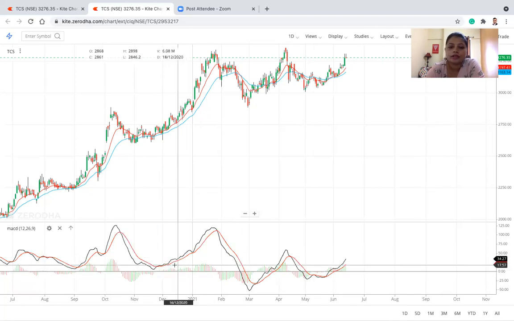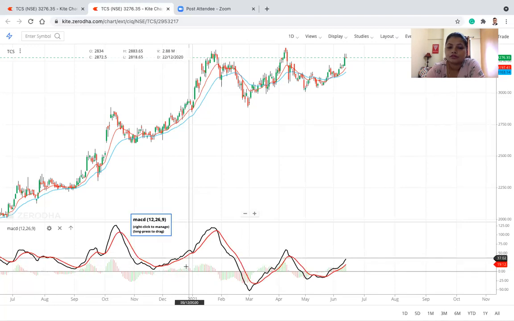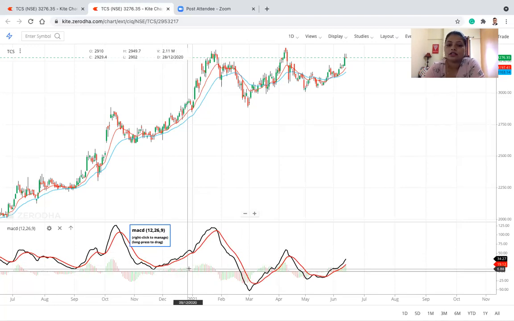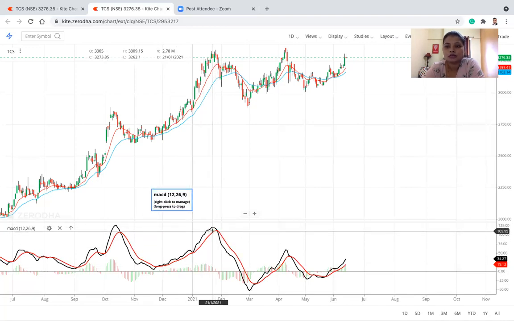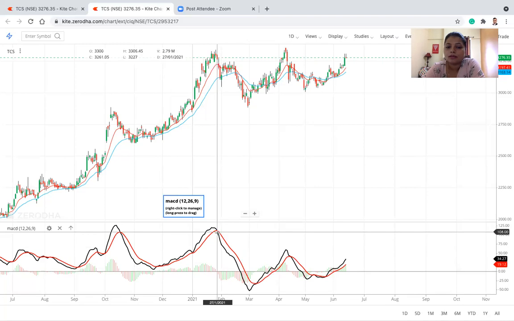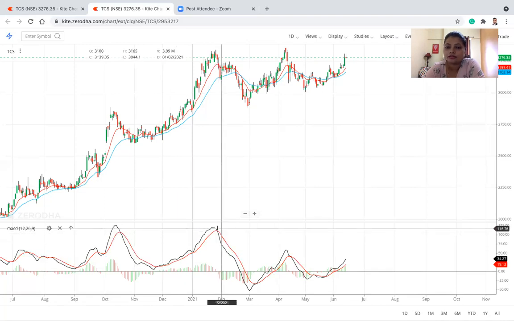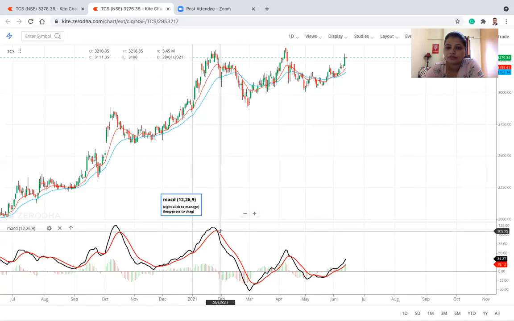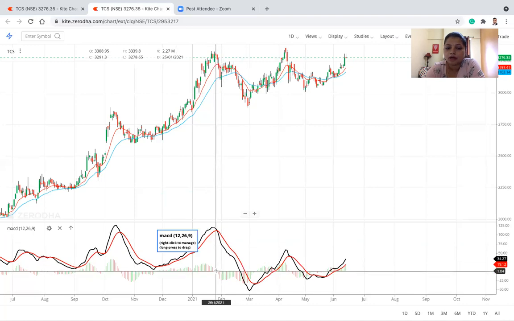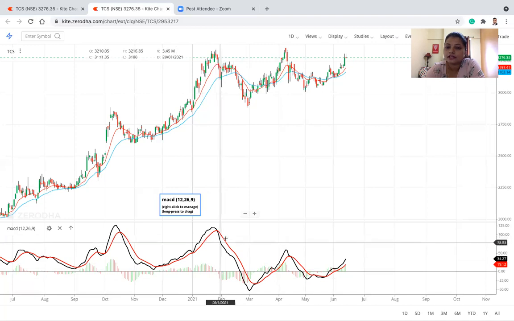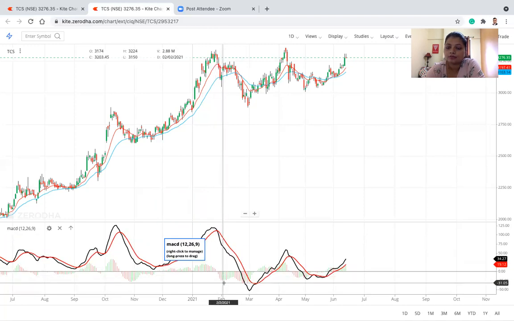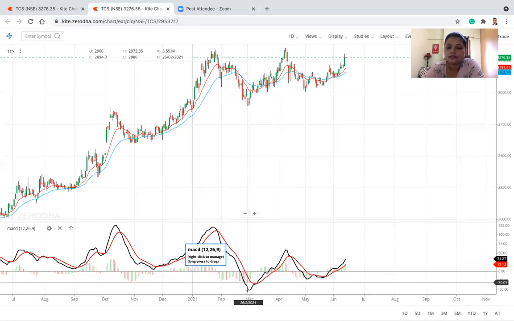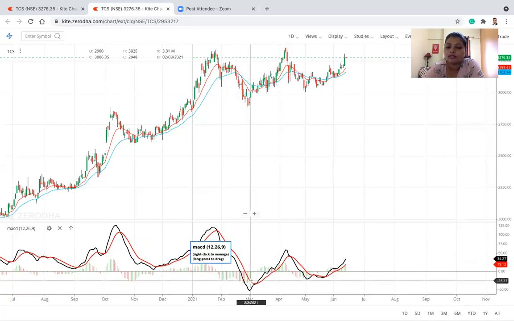If the difference is increasing, green bars will form, and the moment the difference decreases, red bars will start forming. The moment the black line goes below the red line, which is a negative difference, the bars will start forming below zero. As and when the difference is increasing below zero, red bars will form, and similarly, when the difference is reducing, green bars will start forming.